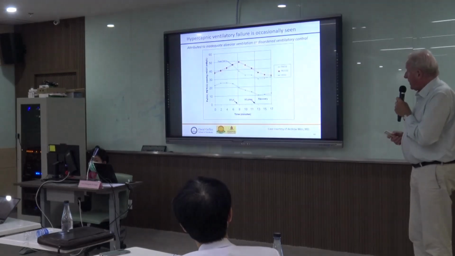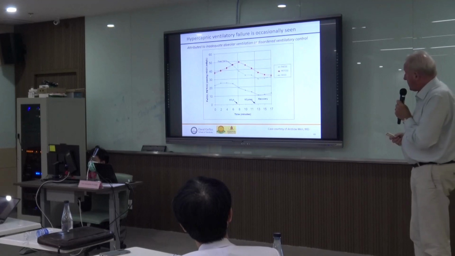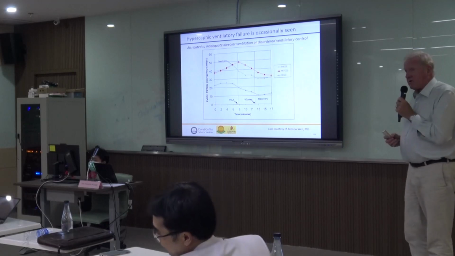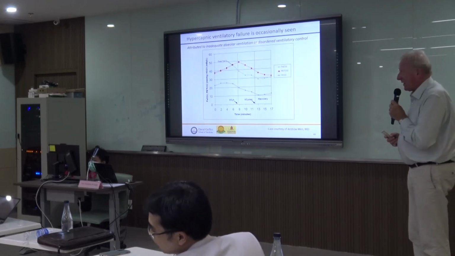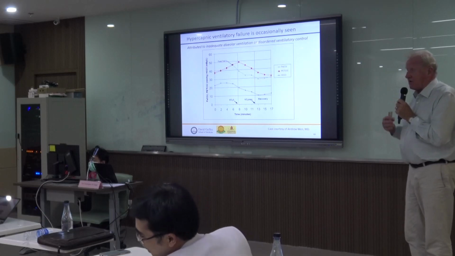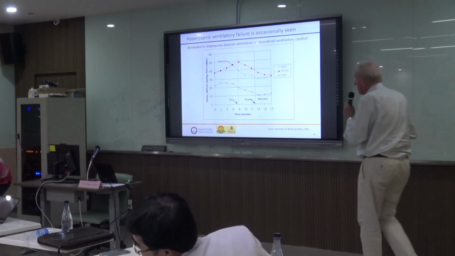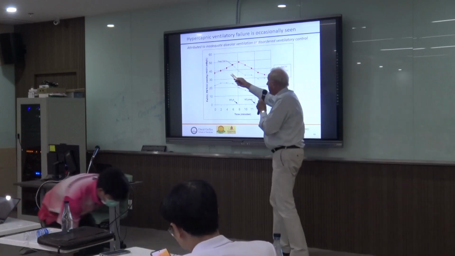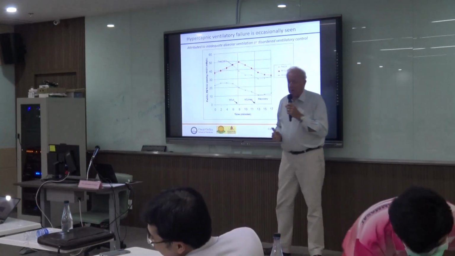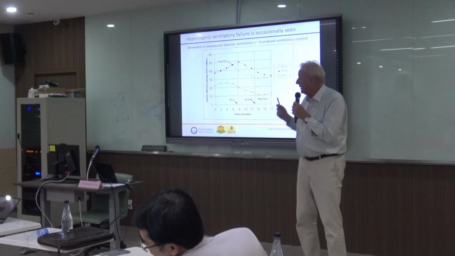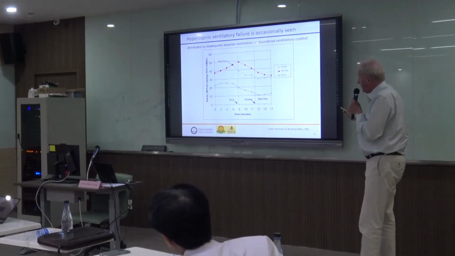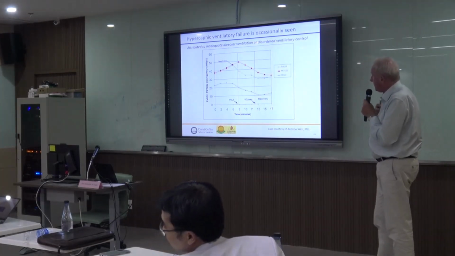And then finally, there are occasional patients who have ventilatory failure. Rather than hyperventilating during exercise, they just can't achieve an adequate alveolar ventilation, and their arterial and end-tidal PCO2s rise even higher than 50 millimeters of mercury sometimes.